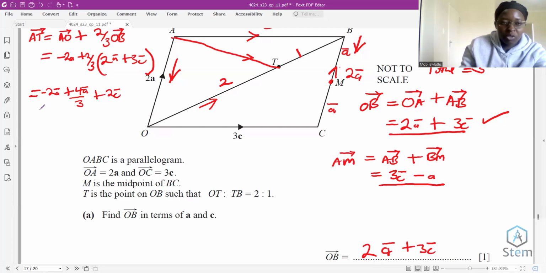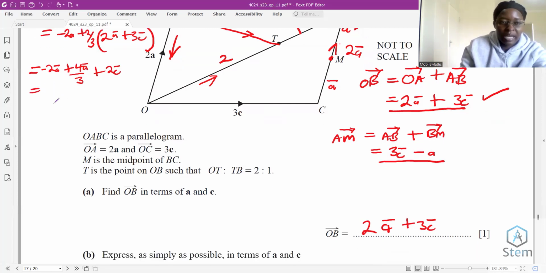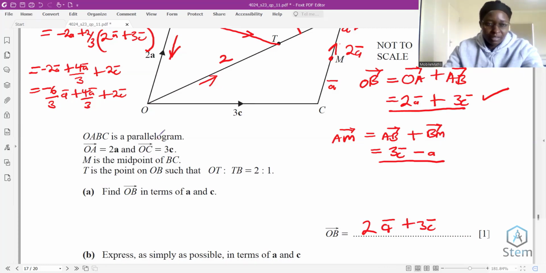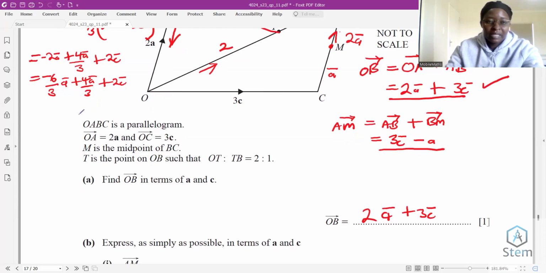So I'll try also to write minus 2A in the form with a denominator of 3. So this is going to be minus 6 over 3a plus 4a over 3, then plus our 2c. So they have now a common denominator. I can easily subtract them or add them together. So this is going to give me minus 6 plus 4.